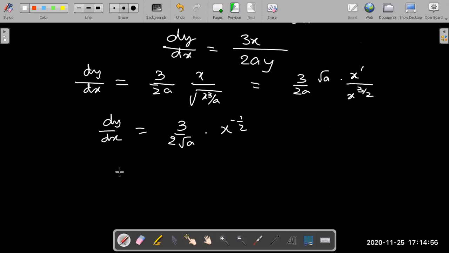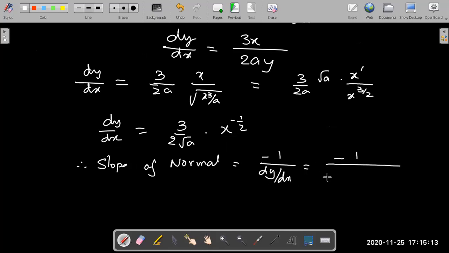So this is the slope of the tangent. Therefore, slope of the normal equal to minus 1 by dy by dx. That's equal to minus 1 divided by the entire thing, 3 by 2 root a into x to the power of half.